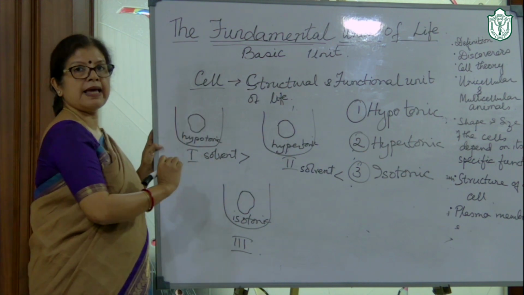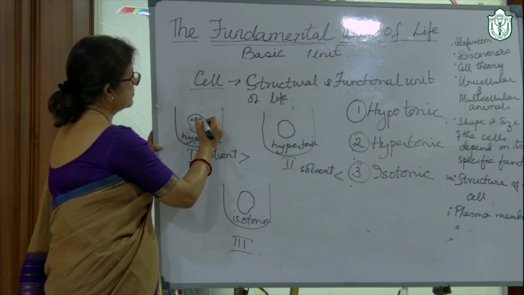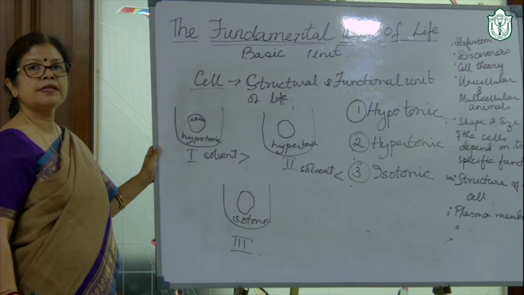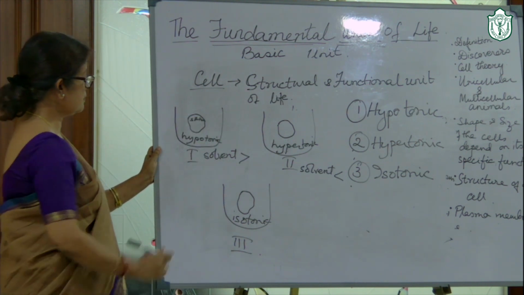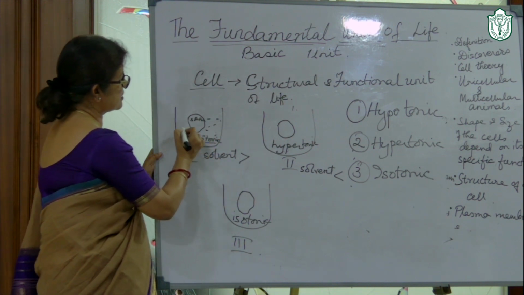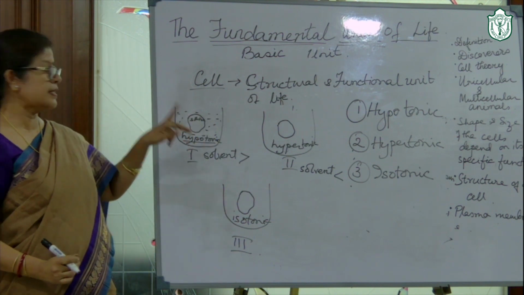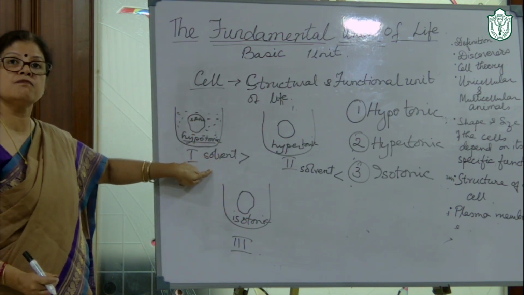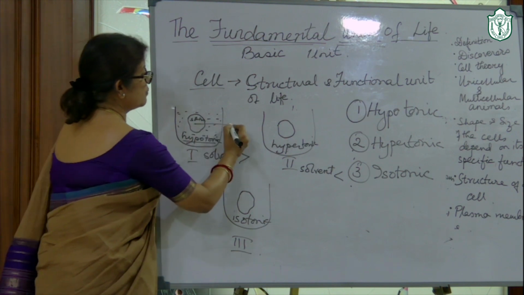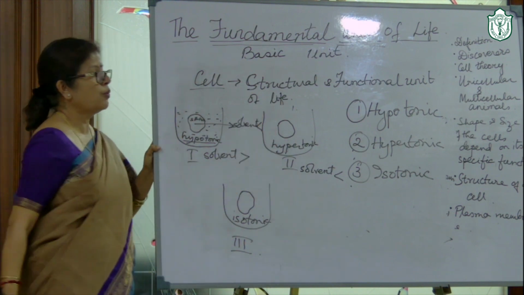Now, this cell also has a solution inside it. Since the outside solution is hypotonic, that means the solvent is more compared to this, which has less solvent. What will happen?